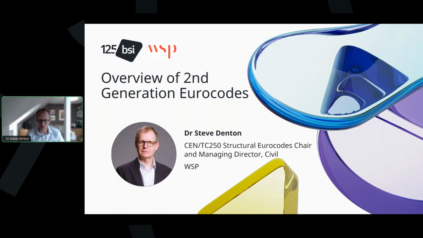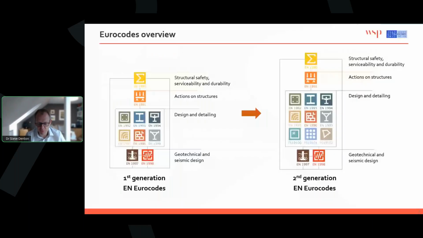I'm just going to give you a very brief introduction. The Eurocodes, as you'll understand, are the design standards for buildings and civil engineering works. They cover all aspects of structural and geotechnical design, and they play a really fundamental, a key role at the heart of the European standardization system for the construction sector.